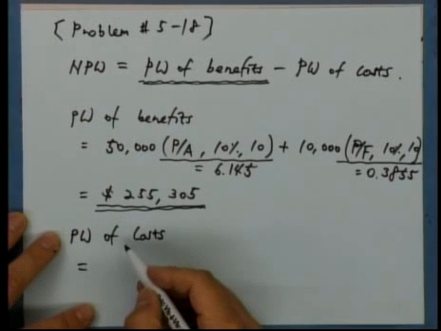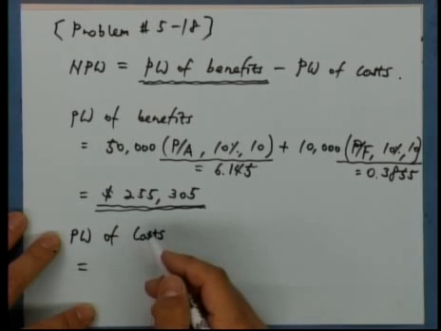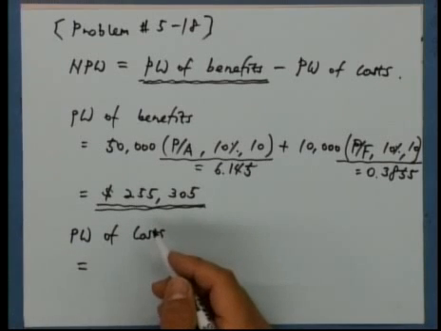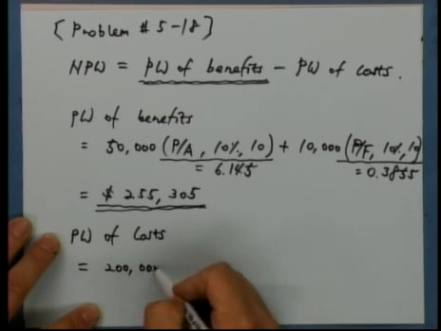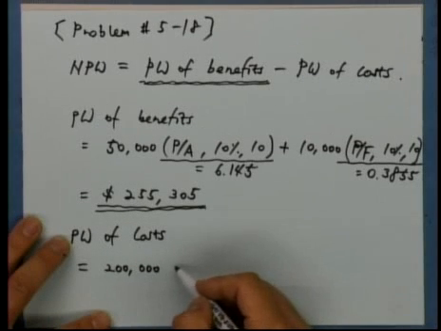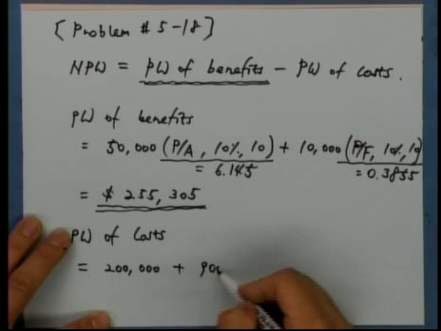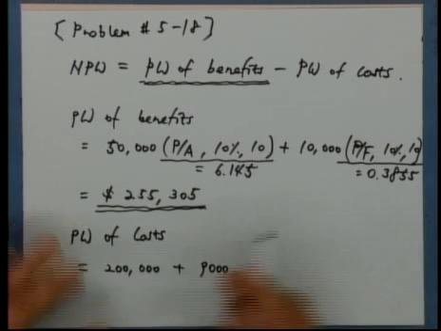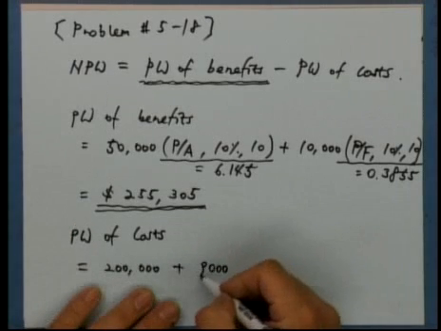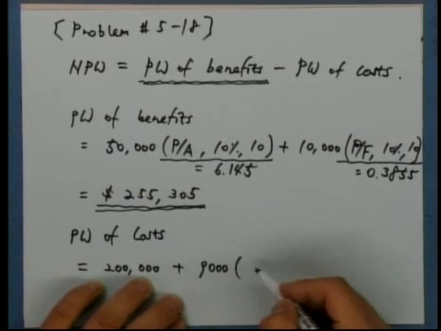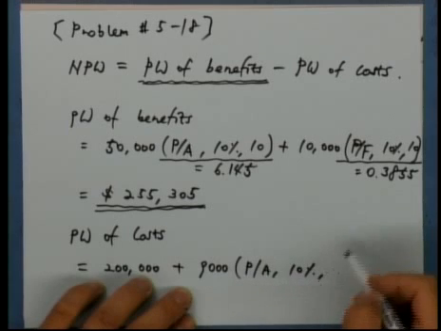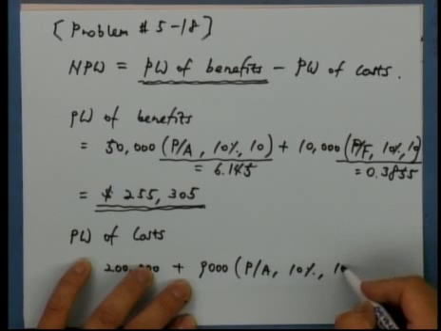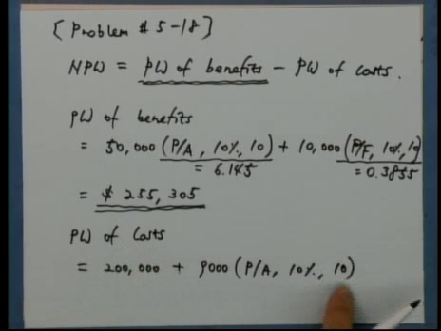It's going to be $200,000 today plus $9,000 of annual maintenance cost. So P given A, 10% over the next 10 years, right? So how much is this?